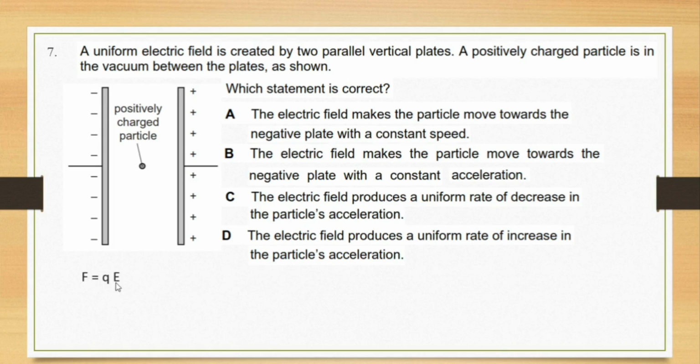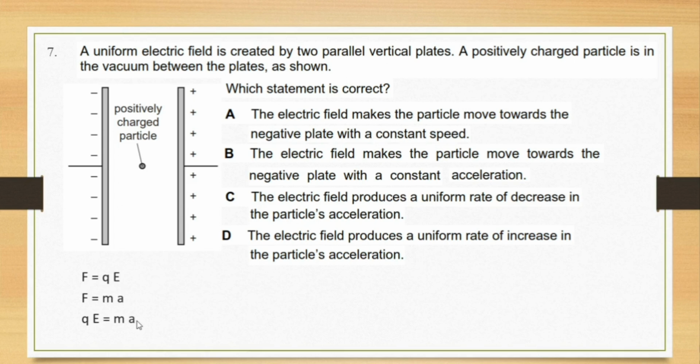So when there is a charged particle inside an electric field, then there will be a force. That force is given by mass times acceleration. So we have the equation Q times E equals mass times acceleration.